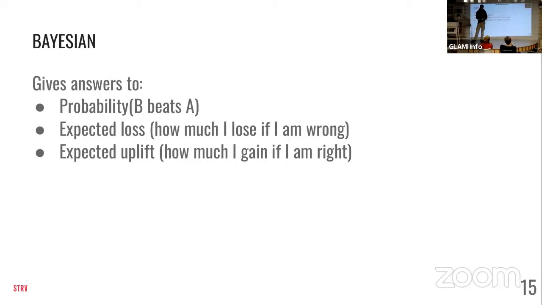But because, for example, it's a new design and your manager likes it more or whatever, you can safely say, okay, the uplift is not so big, but the risk of losing something is very small, so you can deploy it in a very safe way.